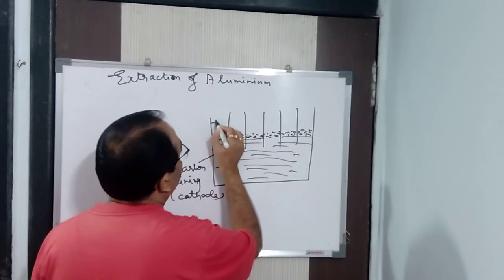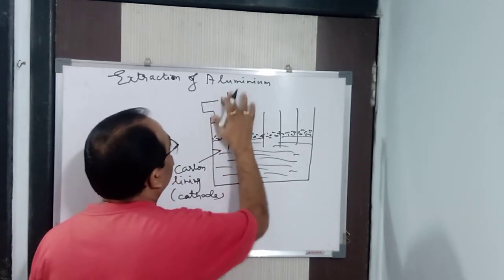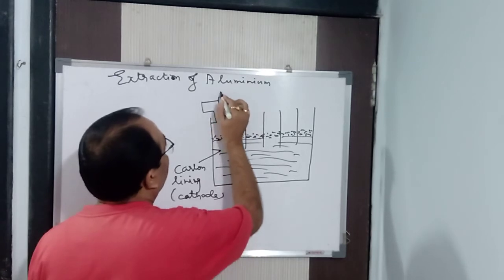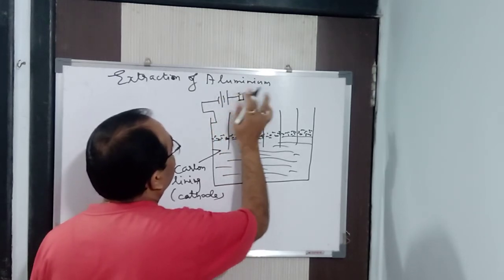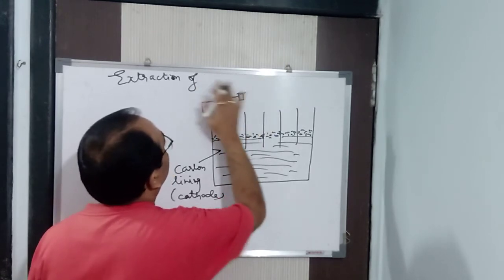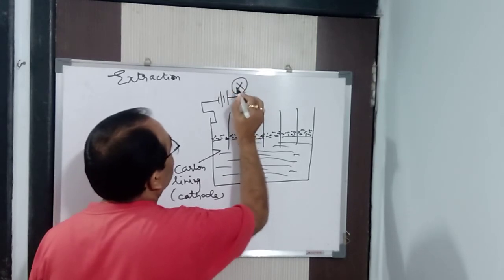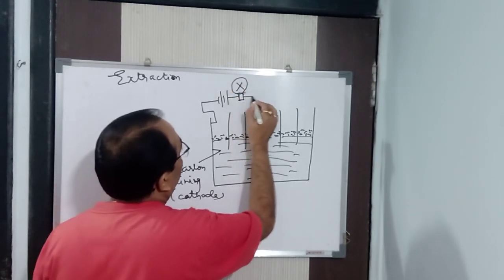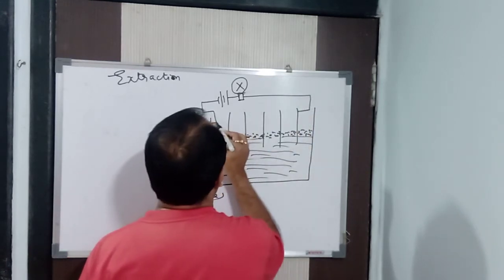This is your cathode which is connected to the battery, and here we will be taking a charge control lamp. This one is further connected to the anode.